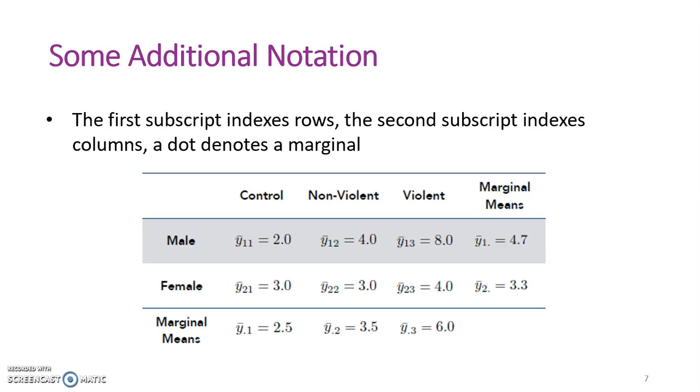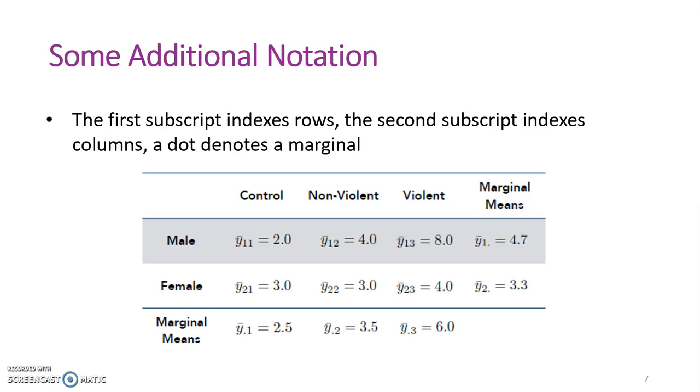For the marginal means, we use a dot, and the dot denotes that it's the marginal mean. The dot goes in the column location if it's a row marginal mean, or in the row location if it's a column marginal mean. For example, the male marginal mean is Y bar sub 1 dot, telling us this is the marginal mean for the first row, ignoring column.